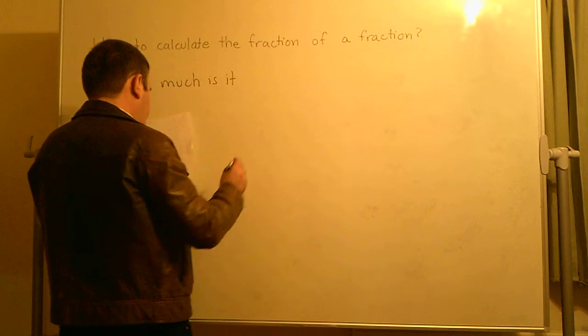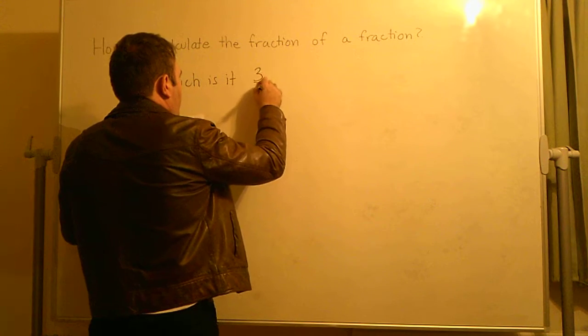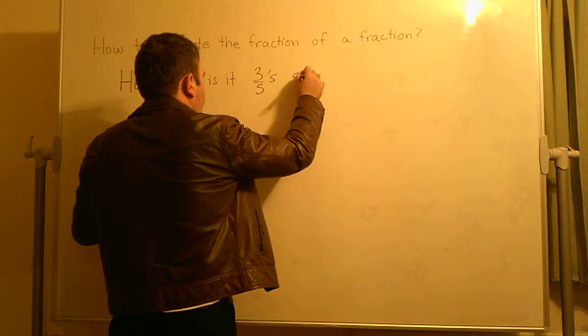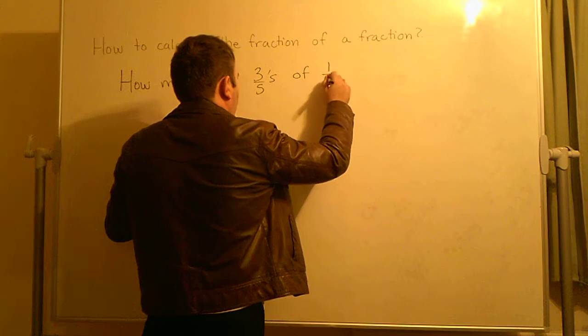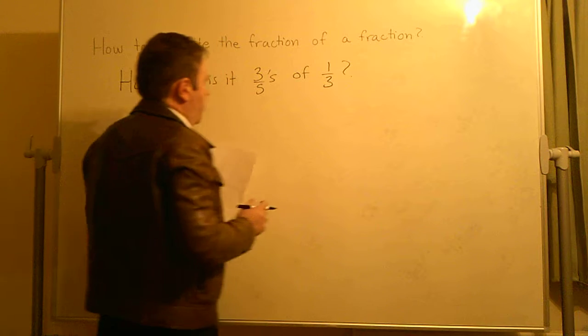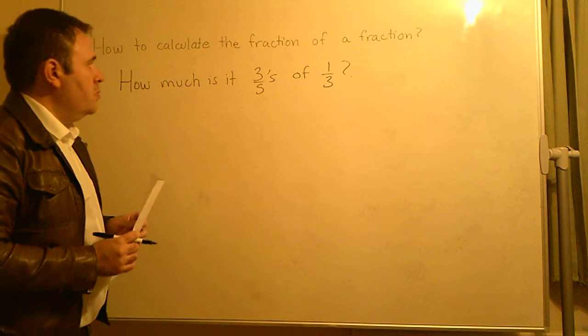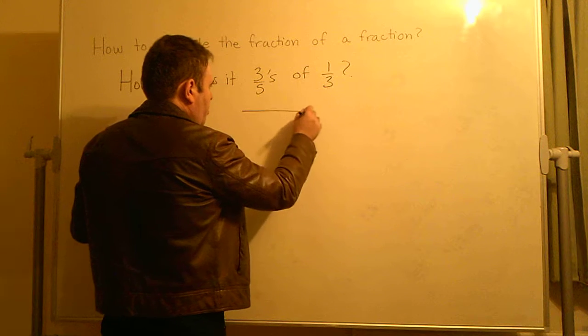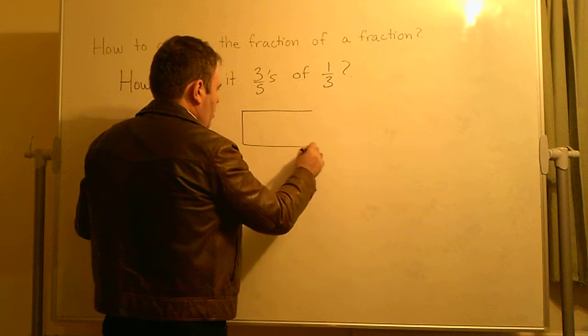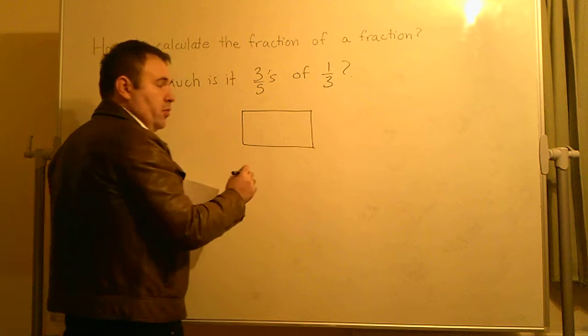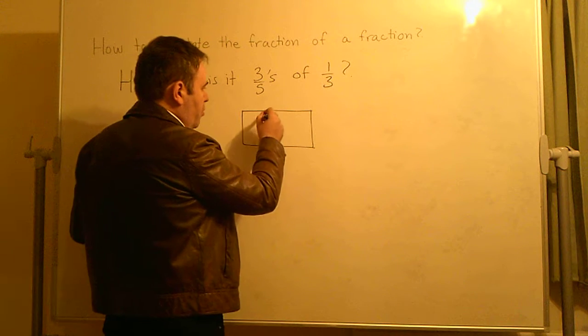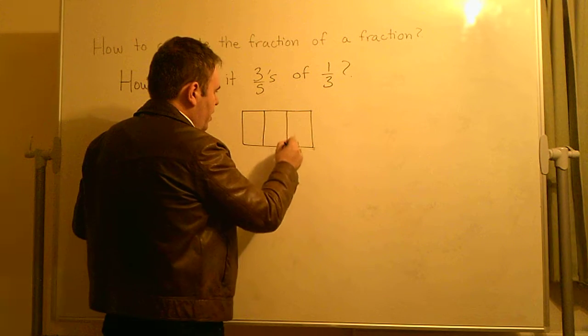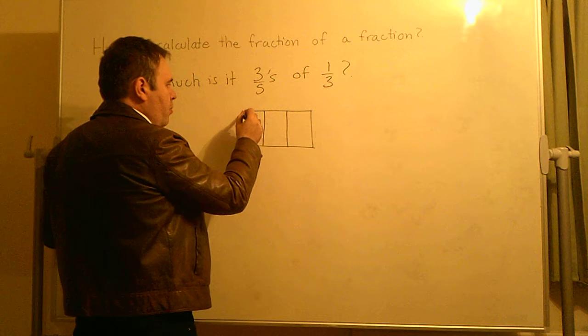How much is it? 3/5 of 1/3. So what we are doing is, remember how we represented 1/3, yeah? We had a cake, and in order to represent 1/3, we had to divide it up into 3 slices, and then we have 1/3, yeah?